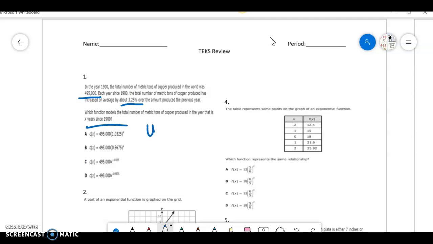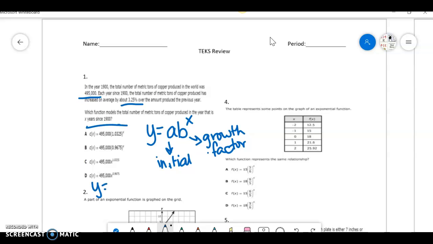So remember, we do an exponential function y equals ab to the x, where a is your initial and b is going to be your growth factor or decay factor. So in this case, that factor is 3.25. So our initial, if I write my own, our initial is 49,500.